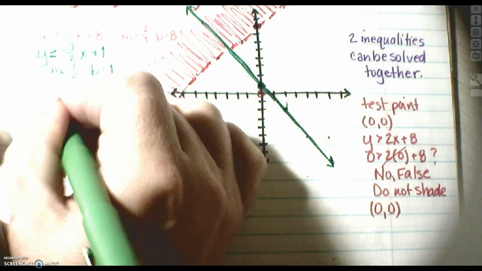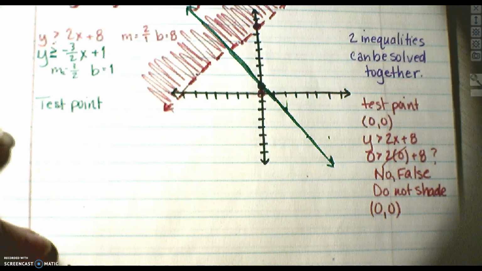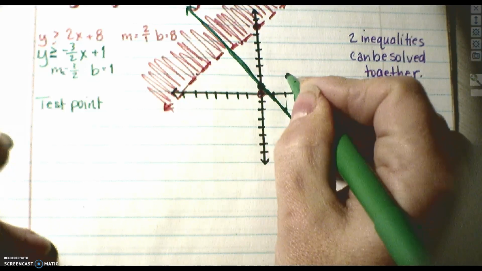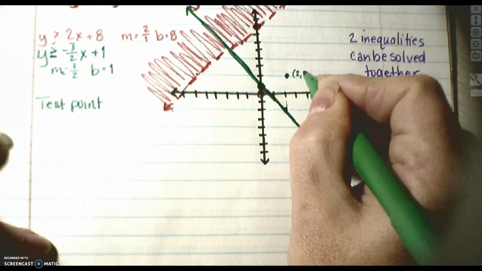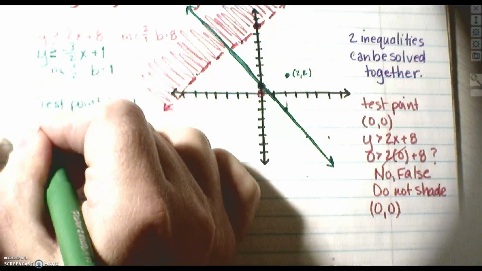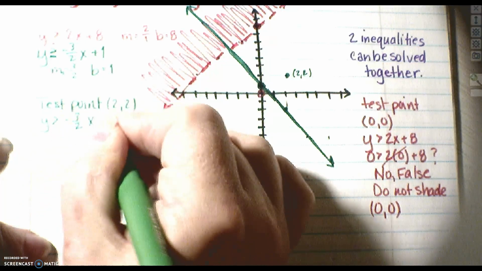So let's do a test point. 0, 0 is awfully close. Let's do 2, 2 for our test point. Test point 2, 2. So y is greater than negative 3/2 x plus 1.